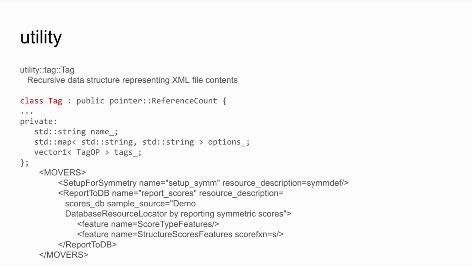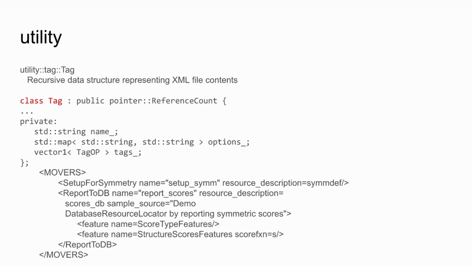The next one in utility, we have the class tag, which comes from reference, like obviously you have a reference count. And the tag is really used in Rosetta scripts, right? The private member variables are basically the name of the tag.